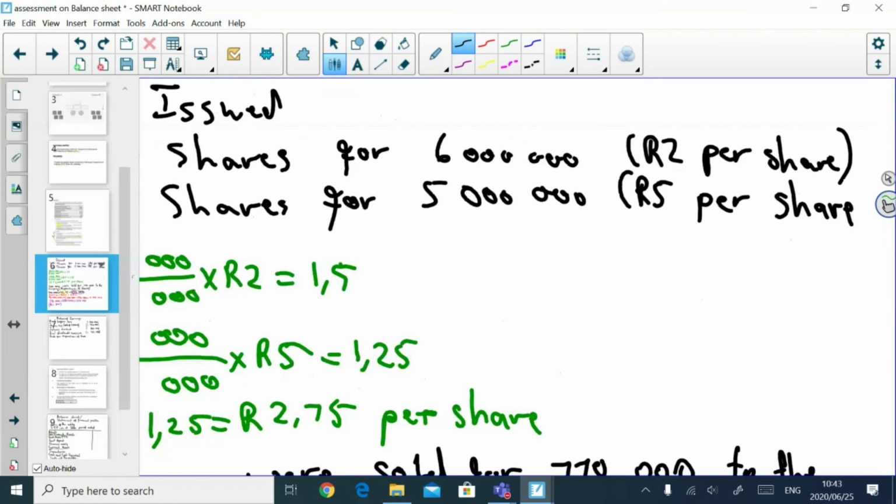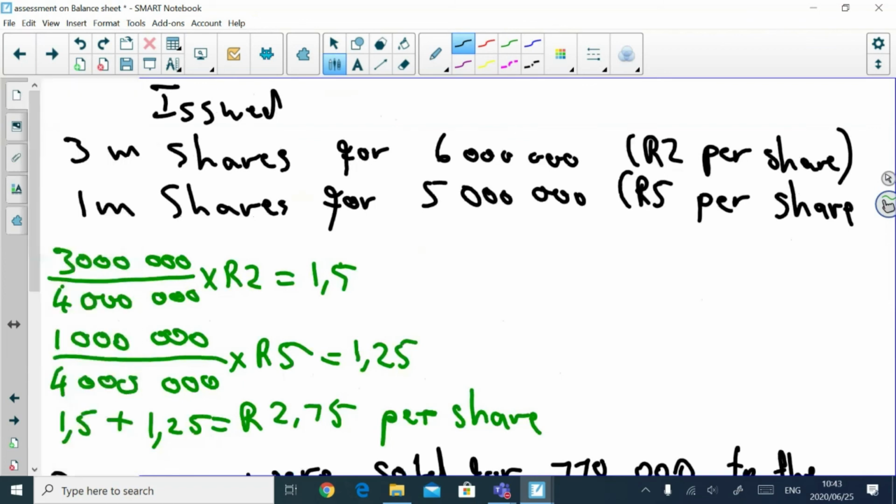So what we will do is we'll say 1 rand 10 cents times 200,000 shares. That was our expense.